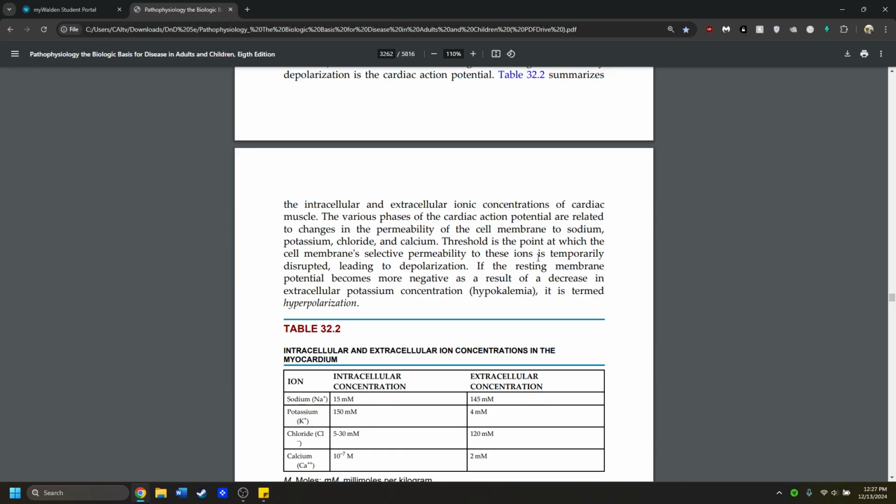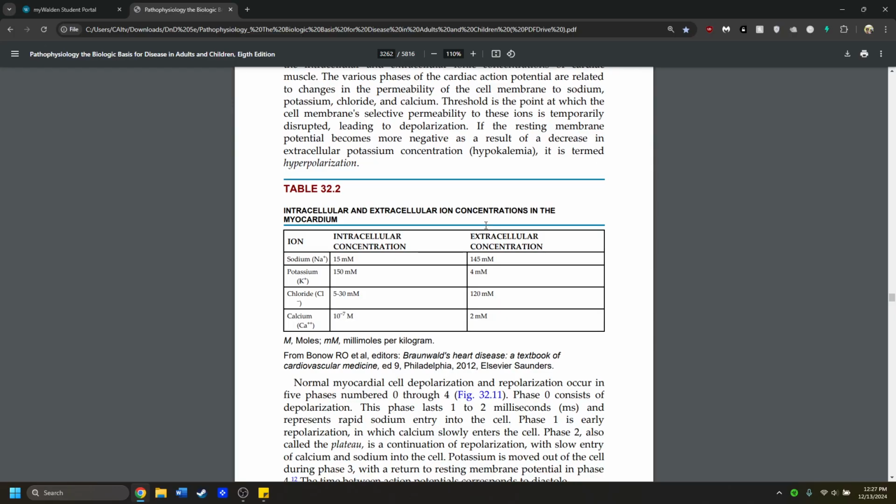Threshold is the point at which the cell membrane's selective permeability to these ions is temporarily disrupted, leading to depolarization. If the resting membrane potential becomes more negative as a result of a decrease in extracellular potassium concentration, such as hypokalemia, it is termed hyperpolarization.